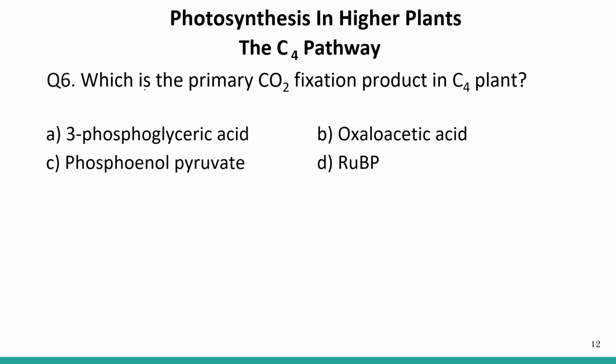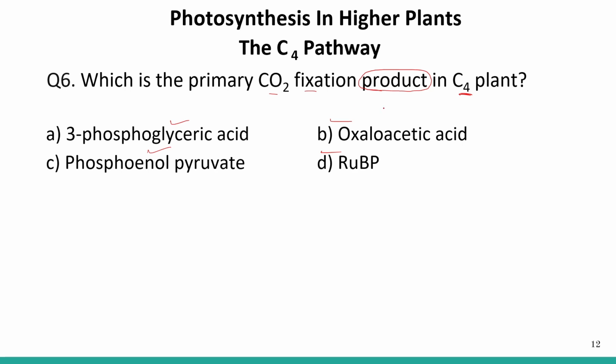Now moving on to the next question, which is the primary carbon dioxide fixation product in C4 plants. So here they are asking about the product, not the number of carbons. What is the primary product? Okay, so options are 3-phosphoglyceric acid, oxaloacetic acid, phosphoenolpyruvate, and ribulose 1,5-bisphosphate, RuBP.